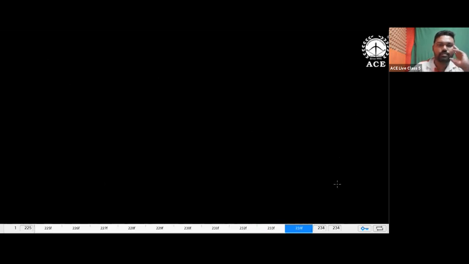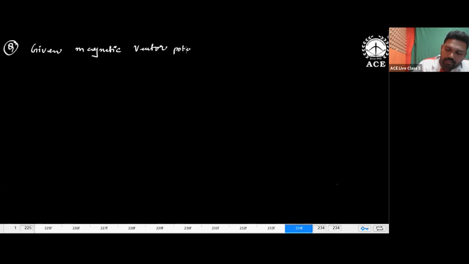I'm going to turn the page. Here is a question. Given a magnetic vector potential, A is equal to minus rho square by 4 z cap Weber per meter.